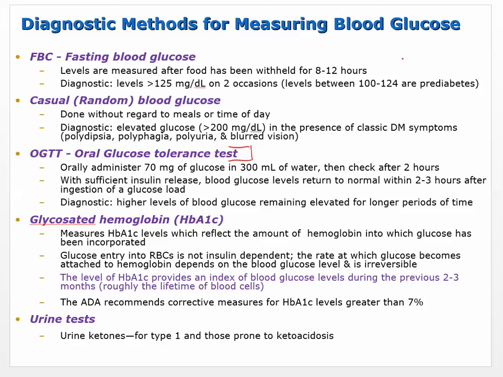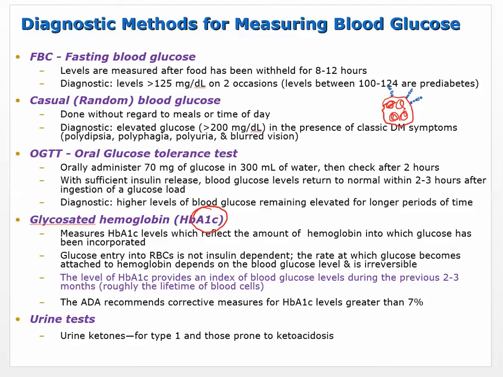Now, glycosylated hemoglobin, or the A1C test. That's what we a lot of times hear it called, the A1C test, or the hemoglobin A1C test. What happens with hemoglobin molecules in general, I'll just draw this as a hemoglobin molecule, is that they get glycosylated. That means little sugar molecules will build up on this protein. And that's perfectly normal to happen.